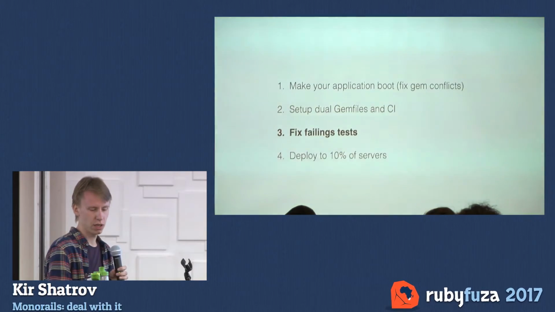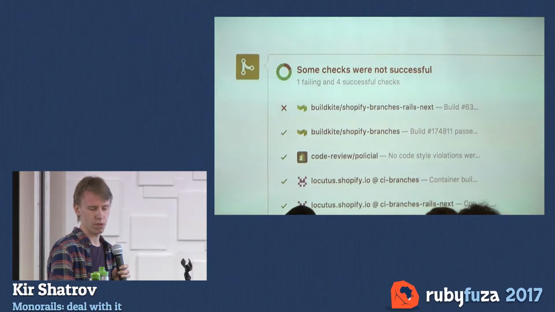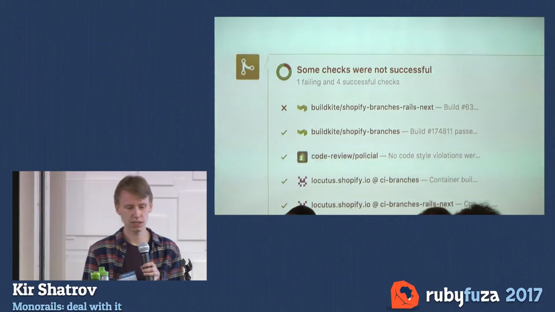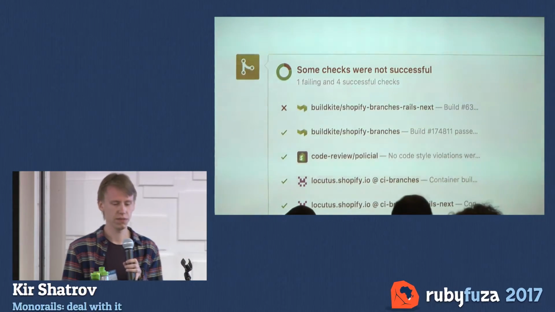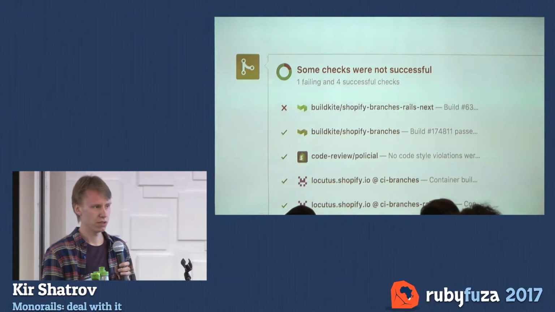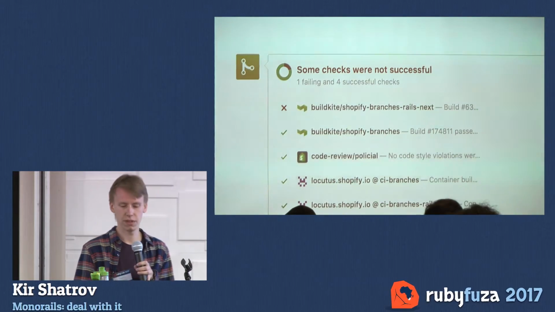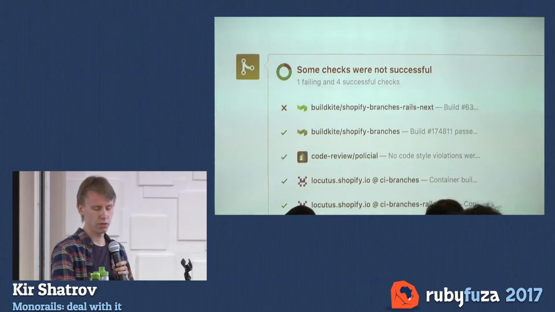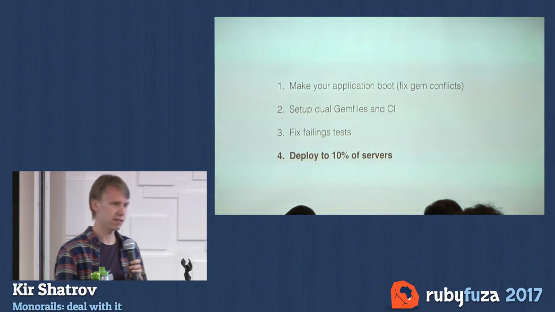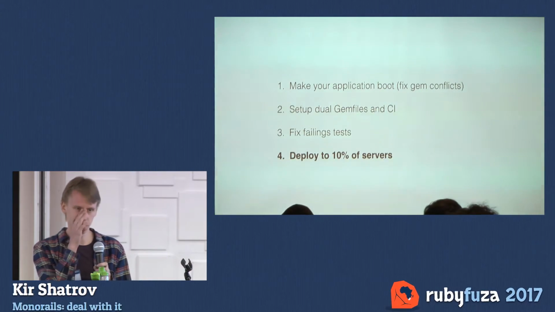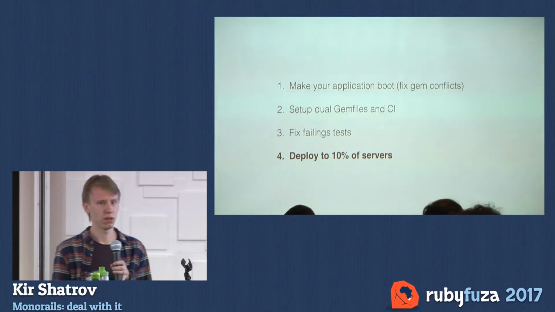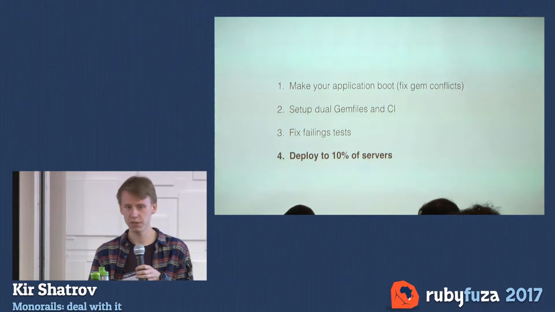At some point, we had these two CI statuses that show you that your code doesn't pass on Rails 5, and it does pass on Rails 4. So you could see the failure on Rails 5 and fix the issue. Then at some point, we were running both Rails versions in production, because it's too dangerous to launch a completely new Rails to all customers.